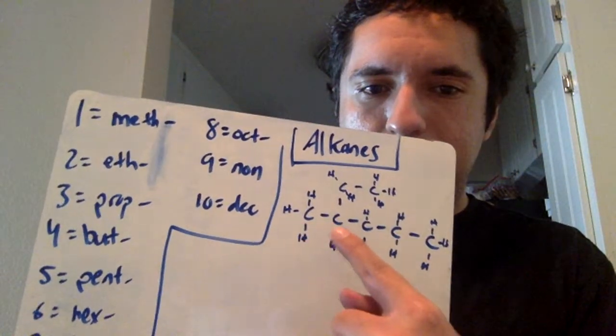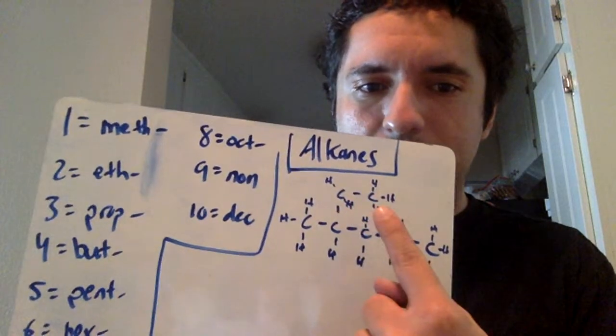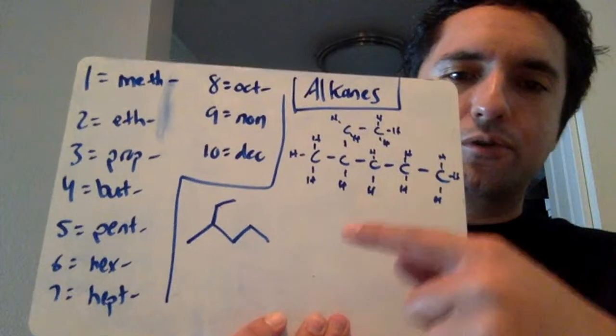There's 5 carbons here, but then there's these 2 carbons that get branched off. So here, I'm just going to draw it the shorter way. So 1, 2, 3, 4, 5. 1, 2, 3, 4, 5. Yeah, 5. So that's the shorter way to draw it, right? It's just the carbons as corners.